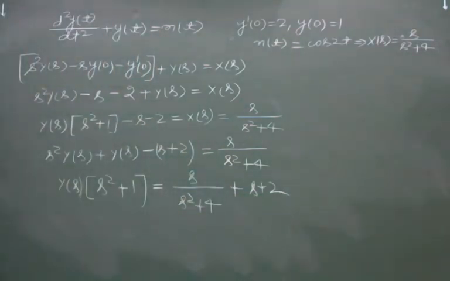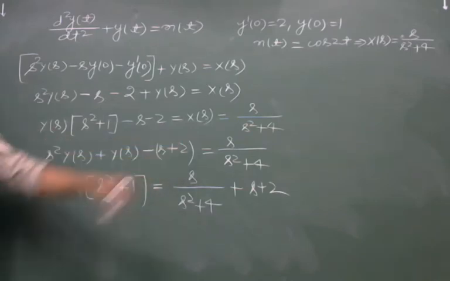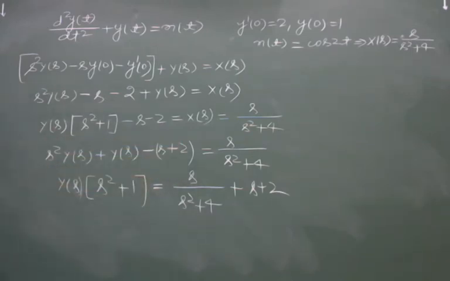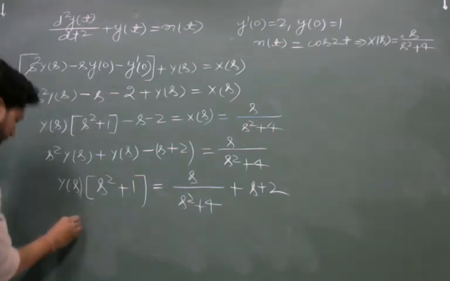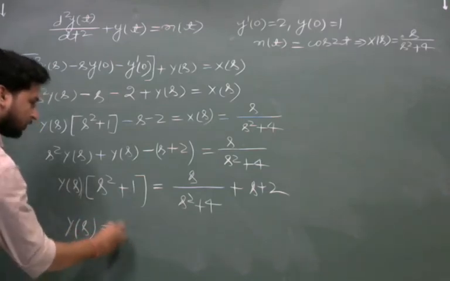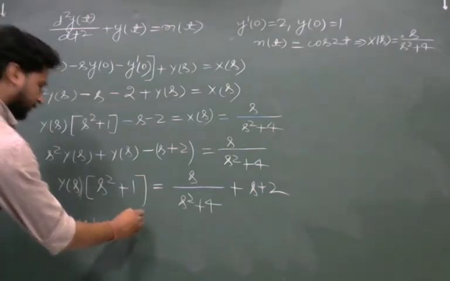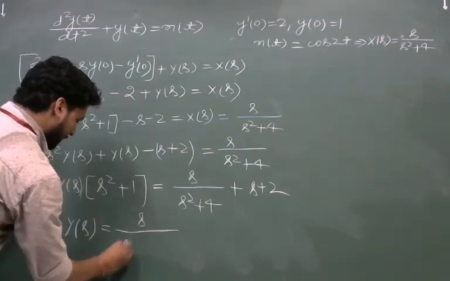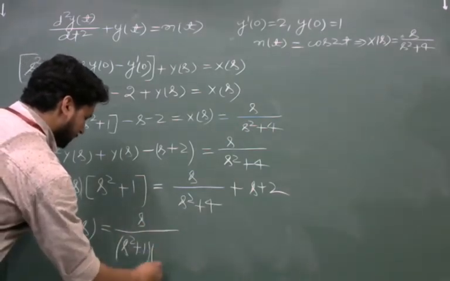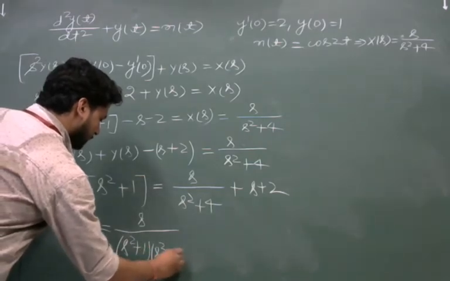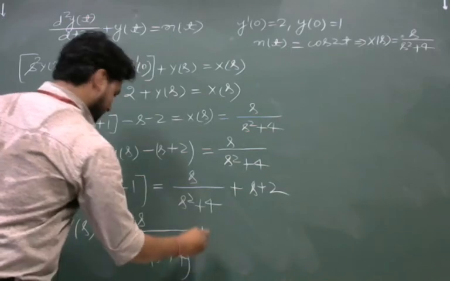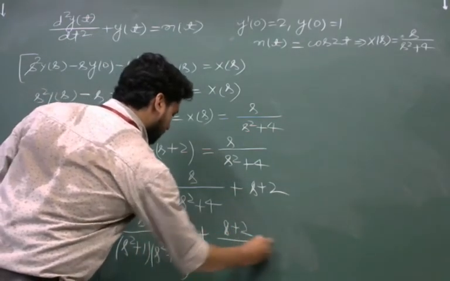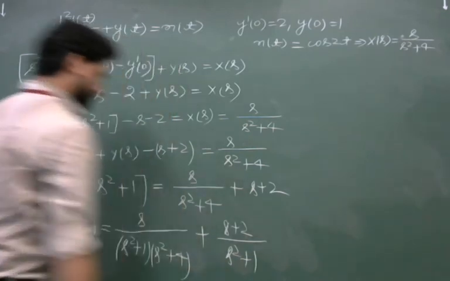We can shift this term to the right side of the equation, and now we can find the value of y of s from here. y of s will be equal to s upon s square plus 1 into s square plus 4, plus s plus 2 upon s square plus 1.